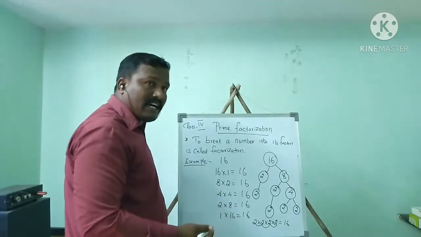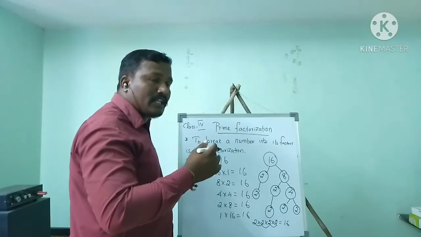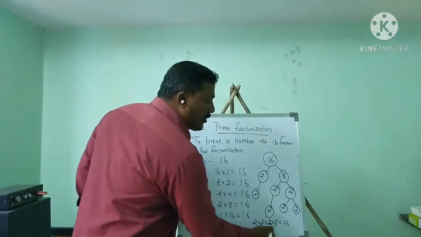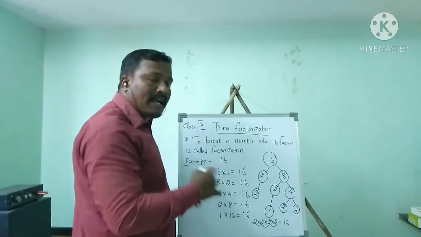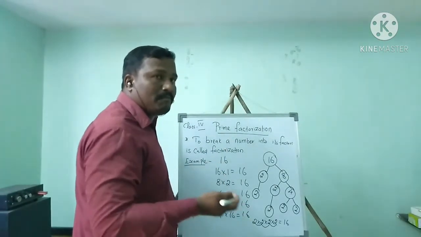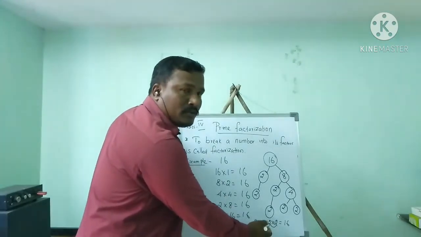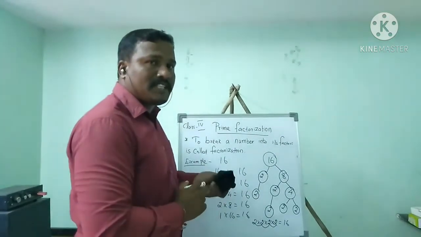So we break 16 into its factors. 16 is the number, we break it as 2 into 2 into 2 into 2 equal to 16. Okay, this is prime factorization.